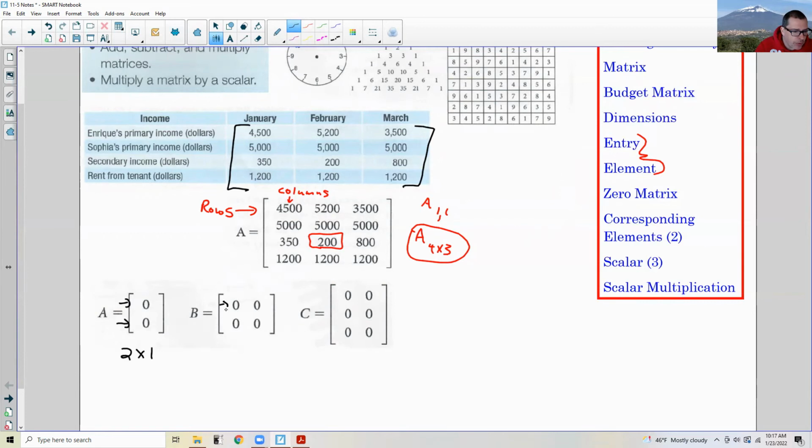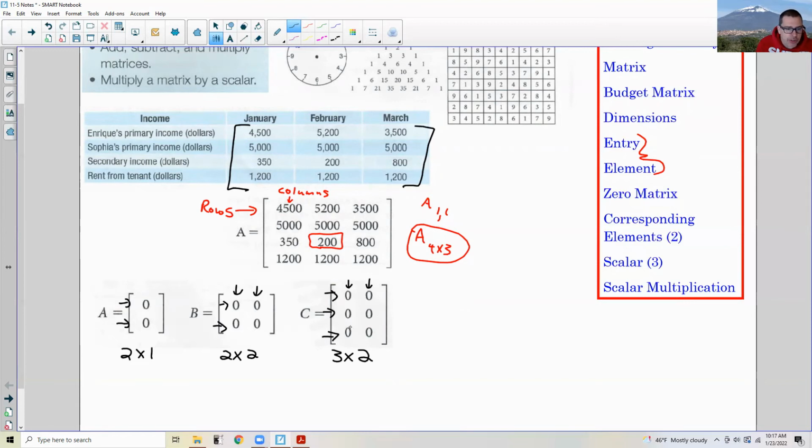This one has 1 row, 2 rows, 2 columns, so this is a 2x2. This has 1, 2, 3 rows, and it has 1, 2 columns. So here's a 2x1, here's a 2x2, and here's a 3x2 matrix. So there's all kinds of 3x3, 3x4, 4x3. It just depends on what you're doing with the matrices, and that determines its dimensions.